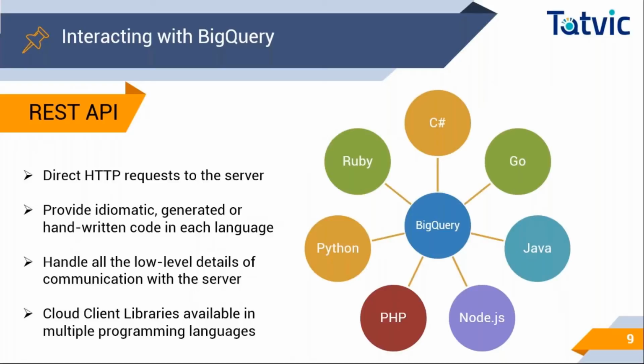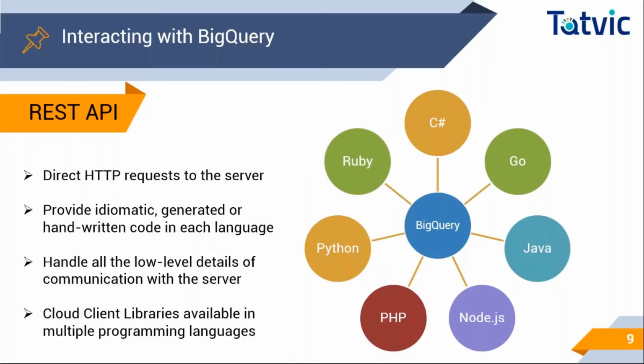So if you have already written an application in PHP or Node or Java, client libraries are available. You can just include those libraries and start writing the code or start interacting with BigQuery. So integration with your in-house tools or already written applications is pretty easy to go ahead with.